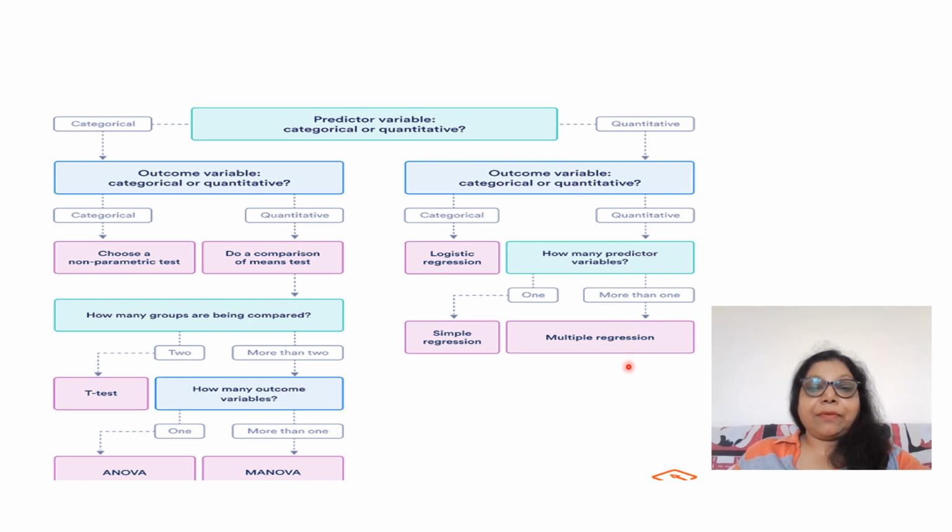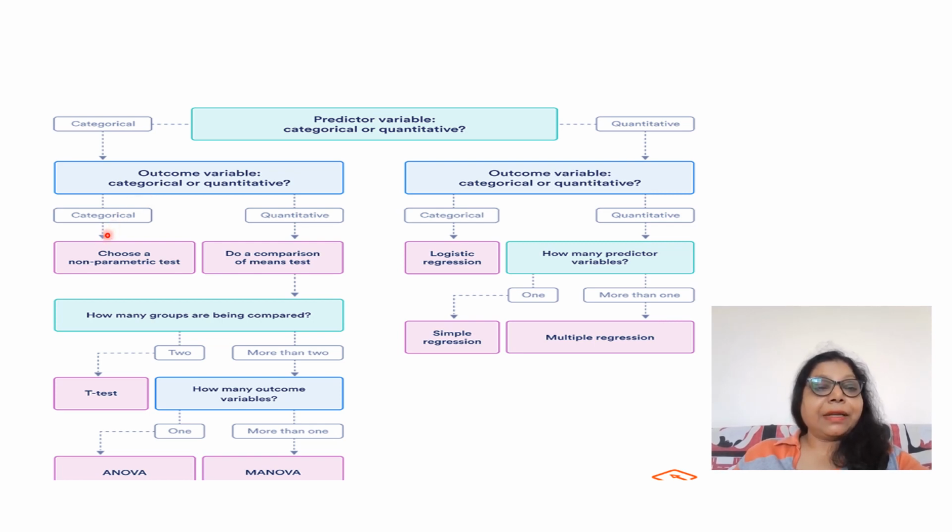So let's first identify what type of variable we have, whether it is categorical or quantitative. Suppose I have a categorical variable, so here we choose categorical. Again, the outcome of the variable can be categorical or quantitative.